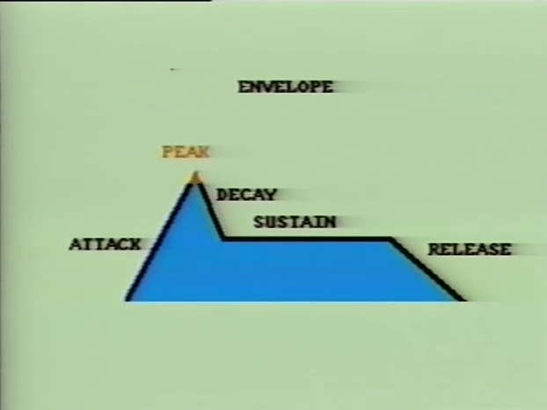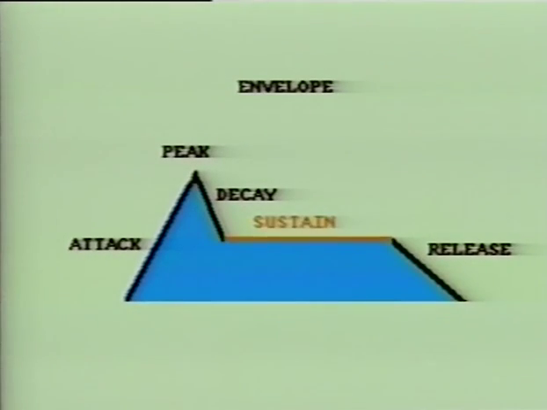Peak is the point at which a sound reaches its maximum volume level. It is a fixed automatic setting. You can't change it. That's why it has no knob, but it's there. Every time you press a key, the volume of a note will go from 0 level to peak level at the speed of attack.